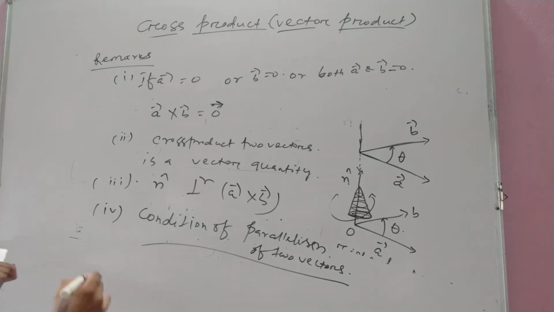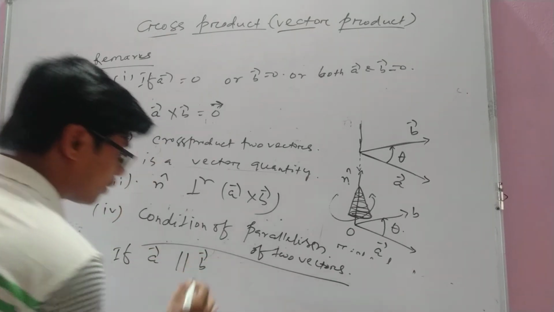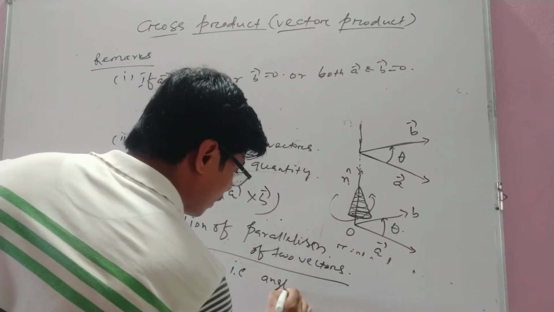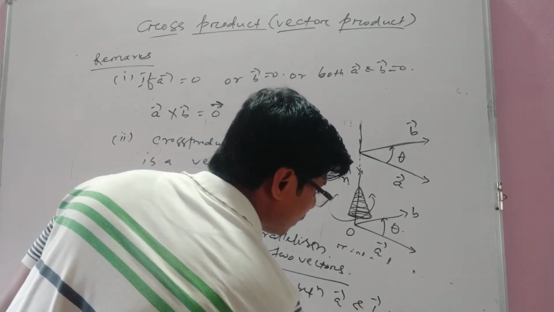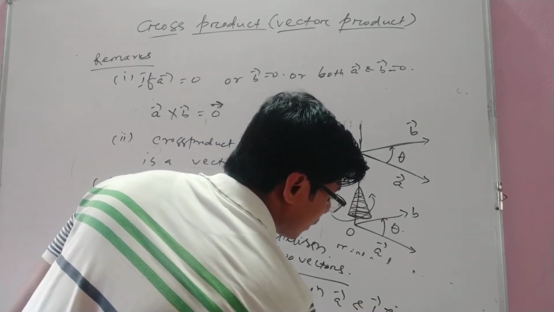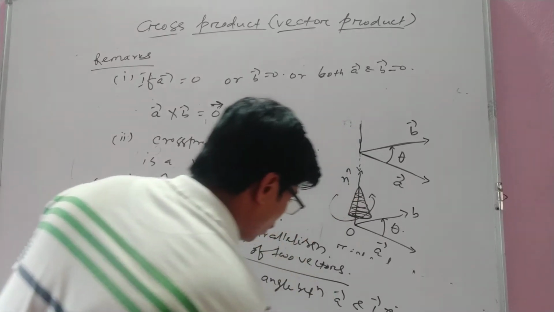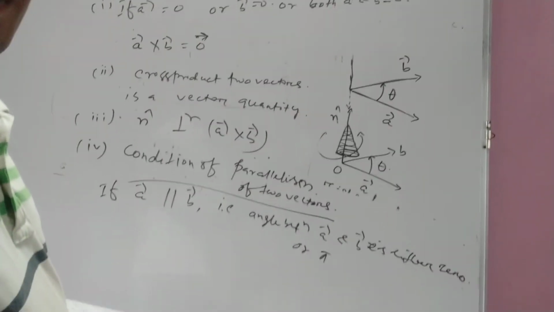If A vector is parallel to B vector, that means the angle between A vector and B vector is either 0 or pi.